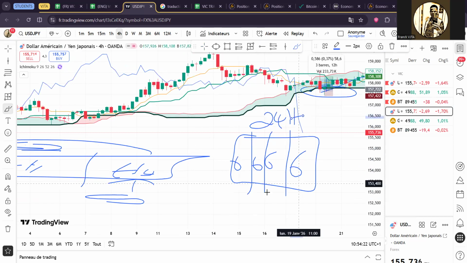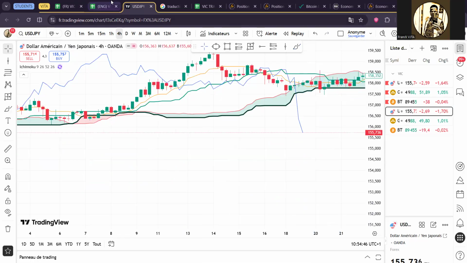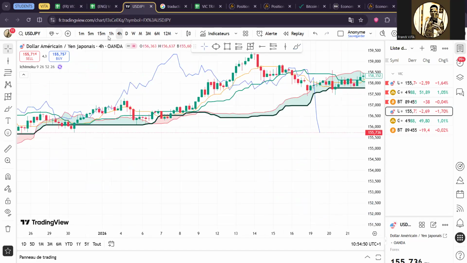So if one position takes you 12 hours, it is day trading. You are trading within the day and taking half a day to find your take profit. When you have H4 setups, that is day trading.